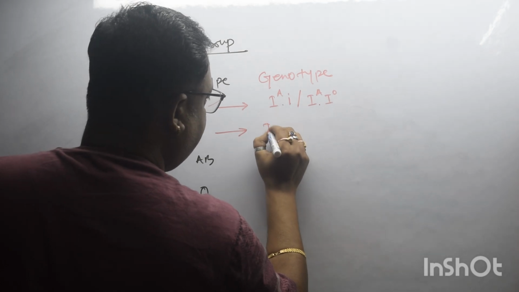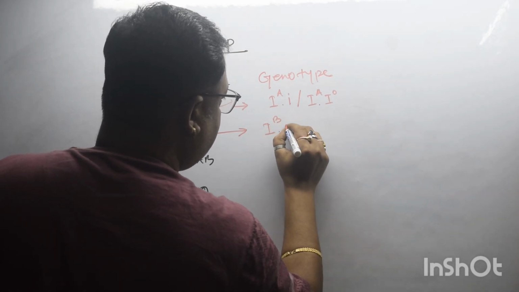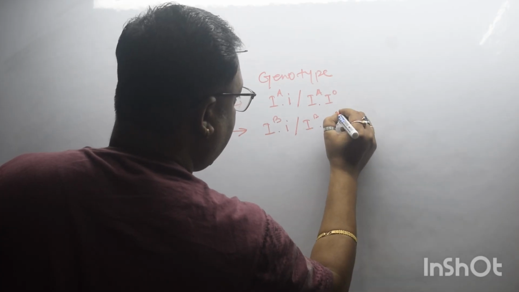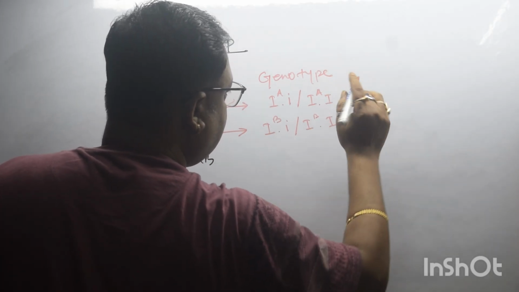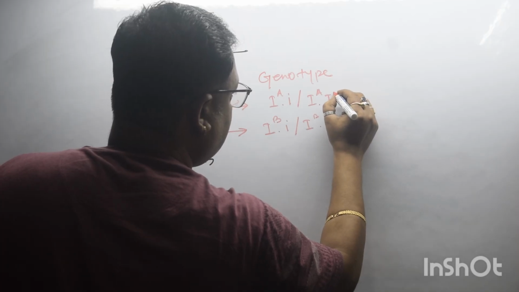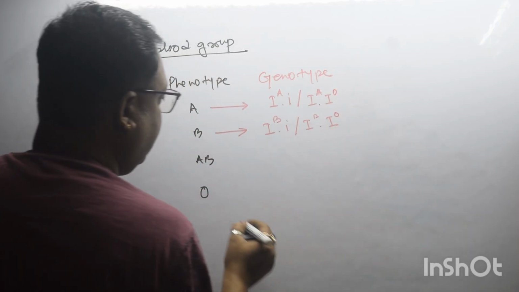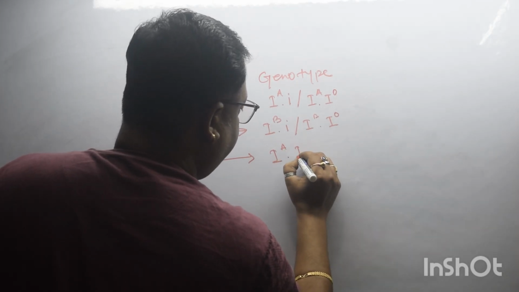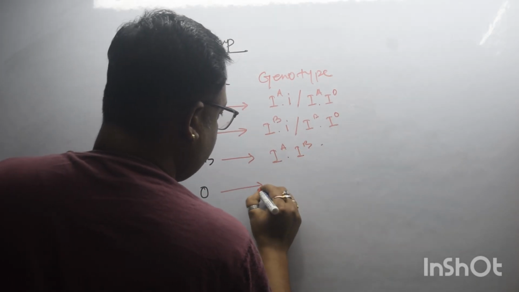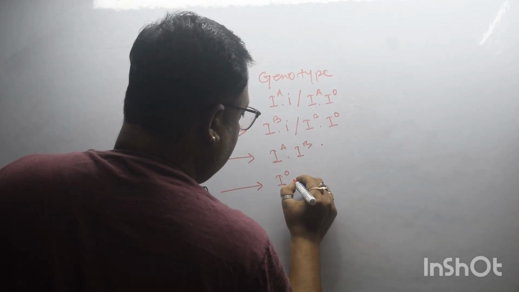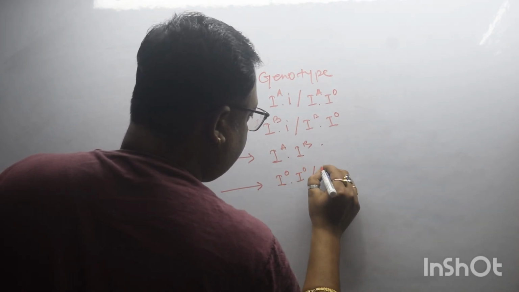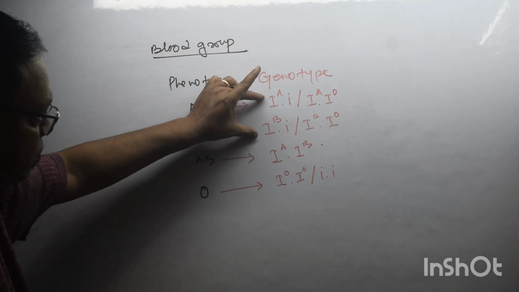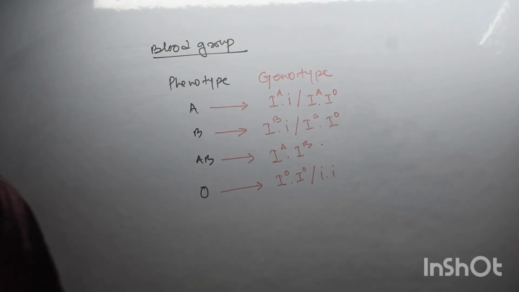For blood group B, it is capital IB small i, or capital IB I0. Capital IA IB in case of AB, and for blood group O, I0 or small i.